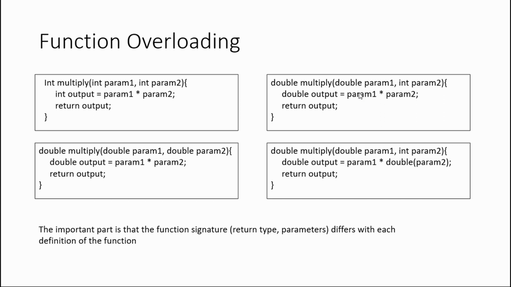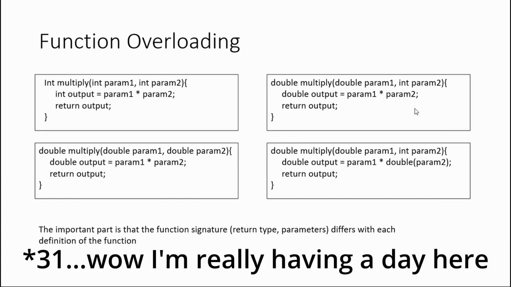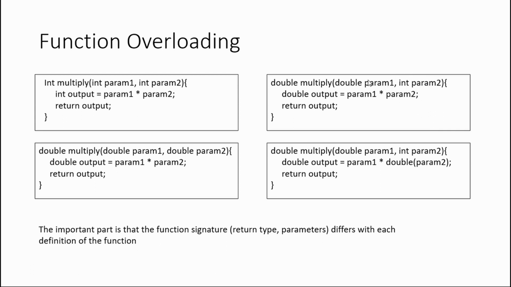Now the problem here is, let's say we have the double 15.5 and the int 2. Well, the expected result would be 31. And that would be correct, except here, because of this integer in the parameter, this double downgrades to an integer, and so you end up with 15 times 2, and you end up with 30.